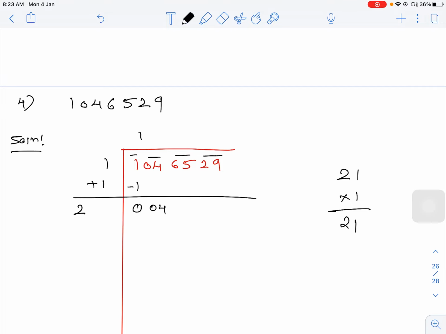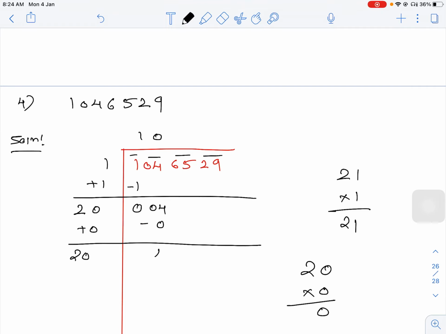So if you write here 0, we multiply by 0, so the answer is 0. Okay, 20 zeros are 0. Now the same number we will add here, so plus 0, so you will get again 20, and this 4 minus 0, so it will be 4.